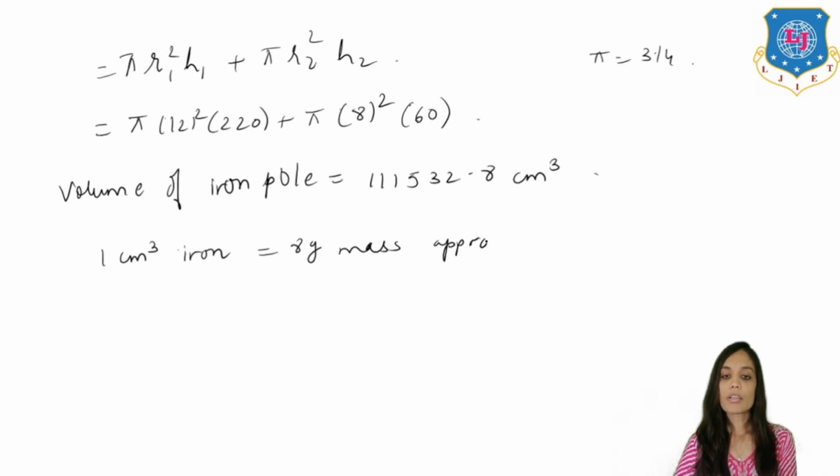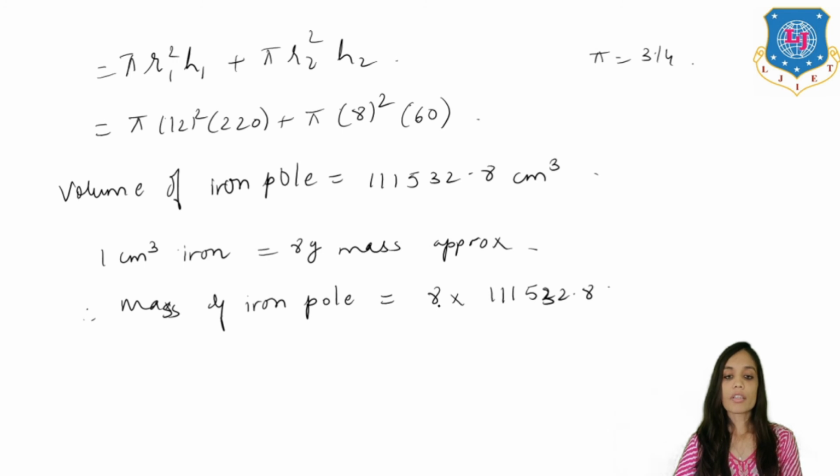So now we have to calculate the mass of the iron pole. So the mass of the iron pole will be 8 into 111,532.8. If I multiply this, it will be 892262.4. This is in grams.